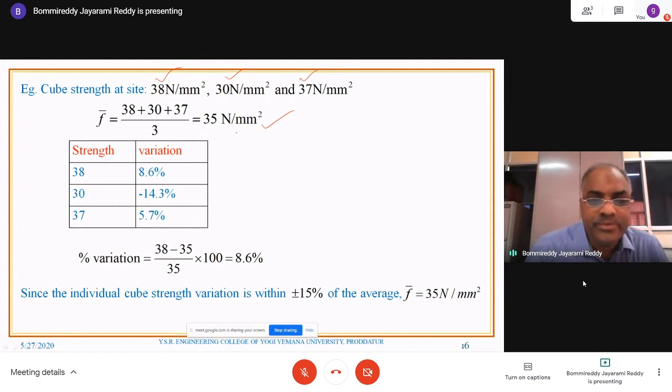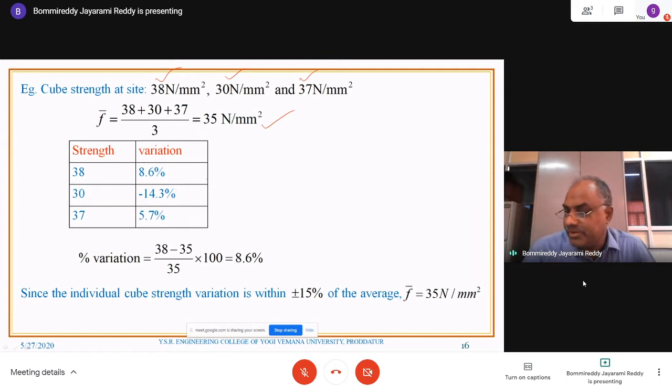Simply the average itself is not the mean value of the compressive strength. You should also check whether the deviation is more than 15% or less than 15%.